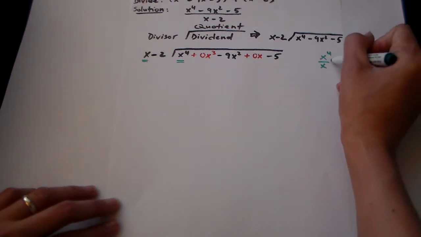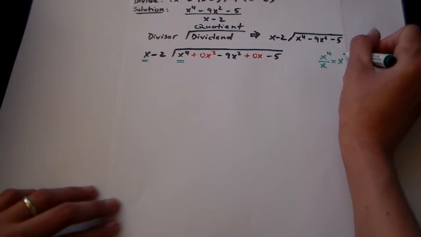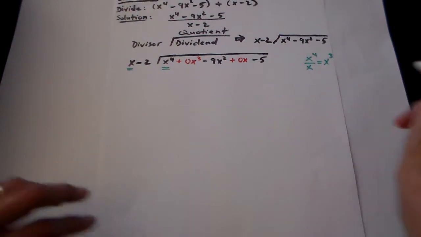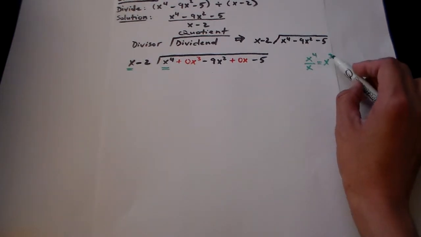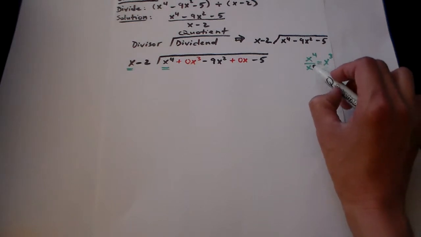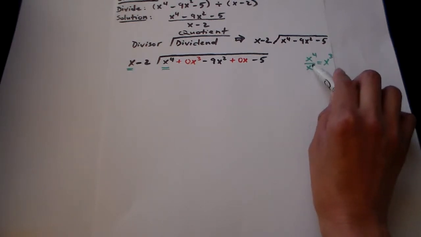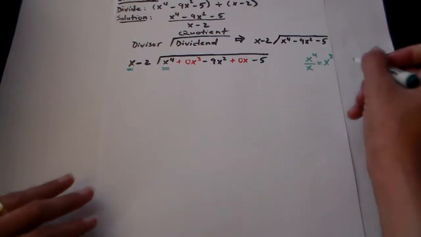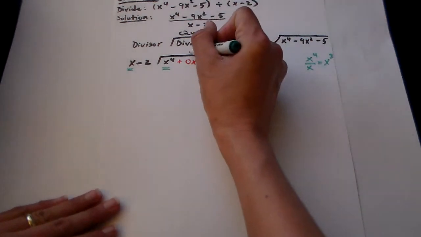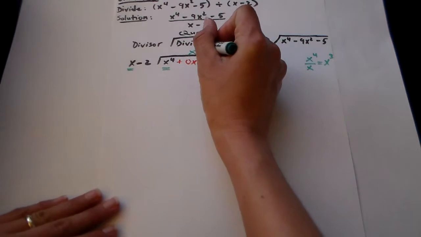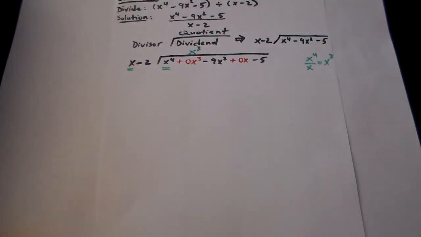I would get x to the third. I got x to the third because I take 4 minus 1. I got 3. The power of this denominator x is 1. So now, once I got x to the third, I will put it on top. x to the third.